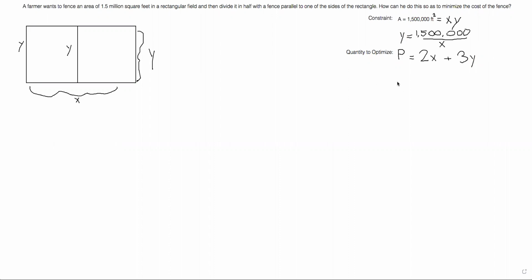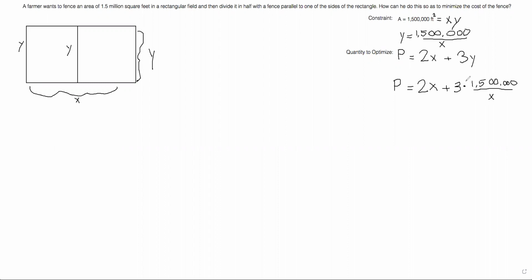So moving forward, we're going to get, whoa, sorry, wrong tool there. We're going to get perimeter p is equal to 2x plus 3 times y, so 3 times this entire thing divided by x.